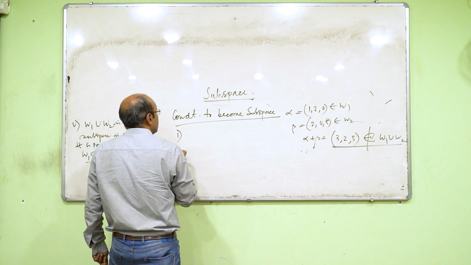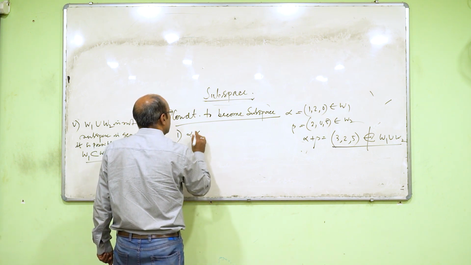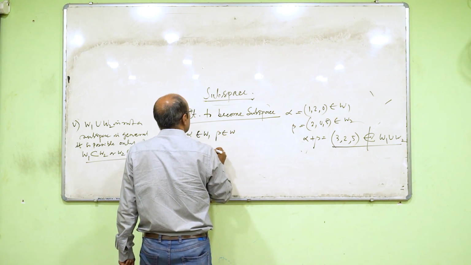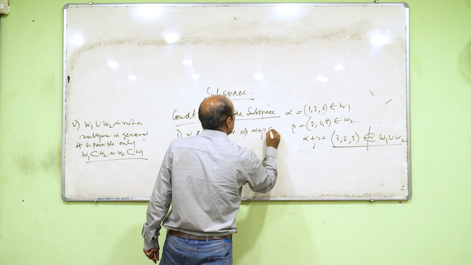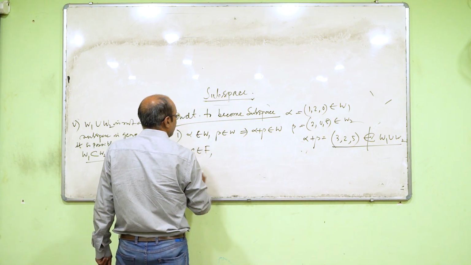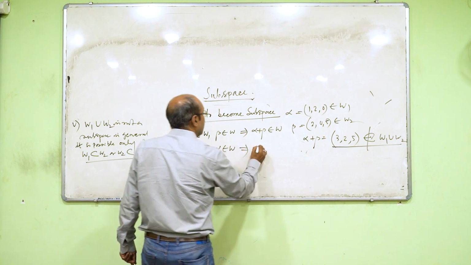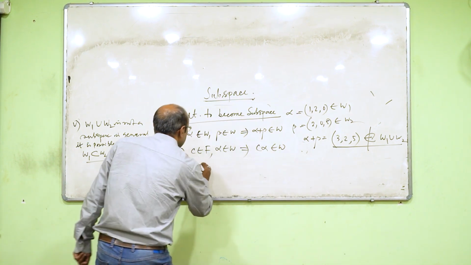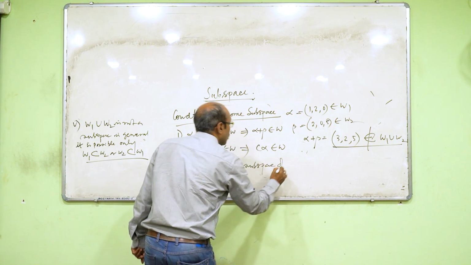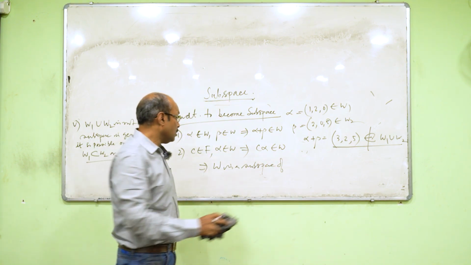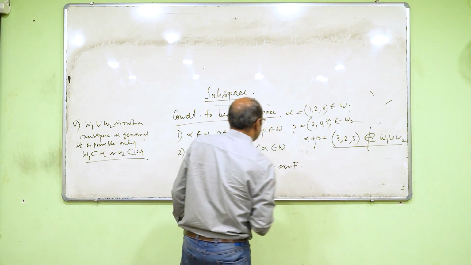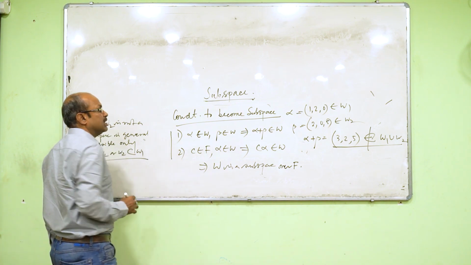Number one, alpha belongs to W, beta belongs to W, if it implies alpha plus beta belongs to W. Number two, C belongs to F, alpha belongs to W, if it implies C alpha belongs to W, then W is a subspace over F. These are the two basic conditions.